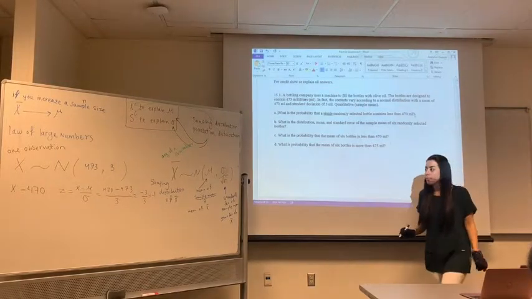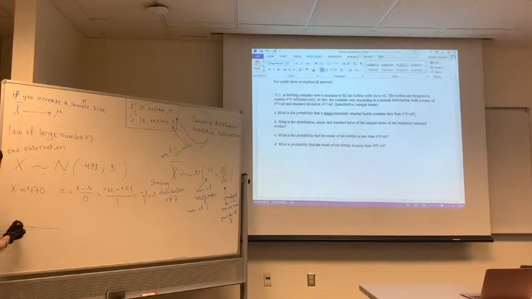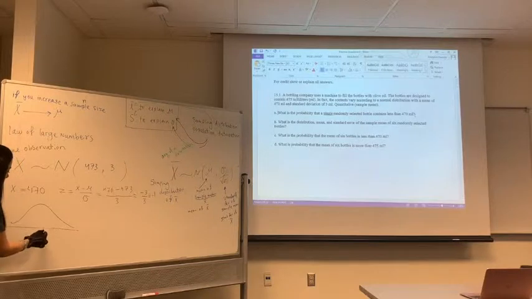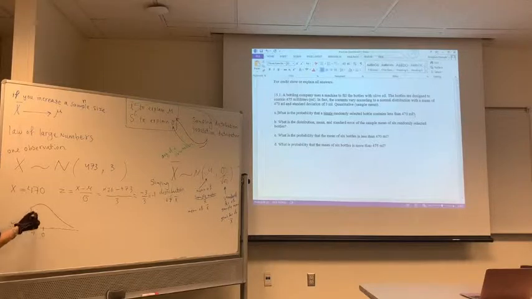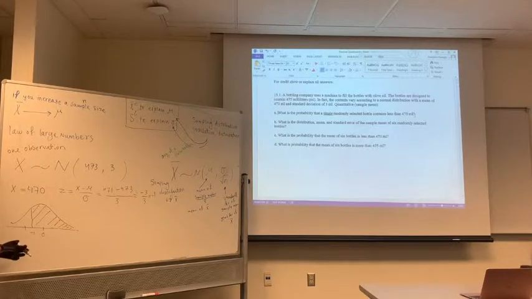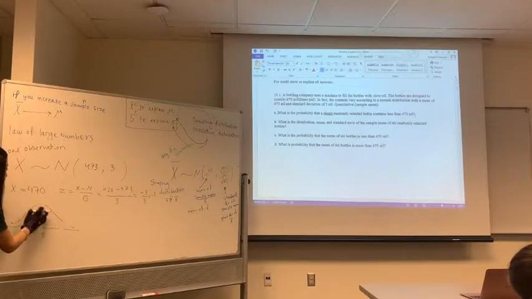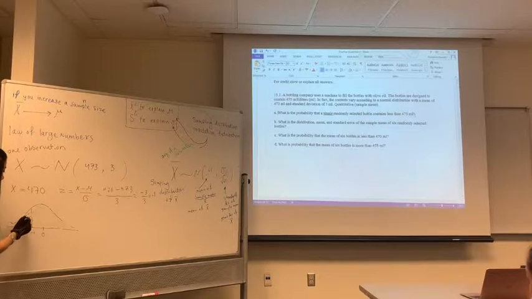And then we would say we want to find the area. Contain less than 470. Means which side? This side is less than, right? No. It's the left side. This left side is less than. Correct? Yes.